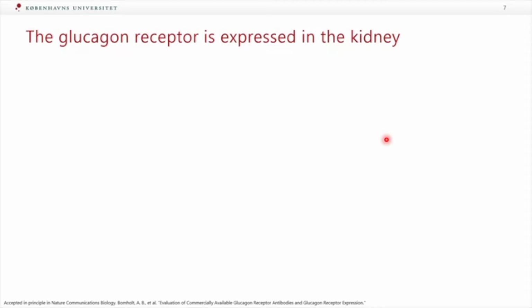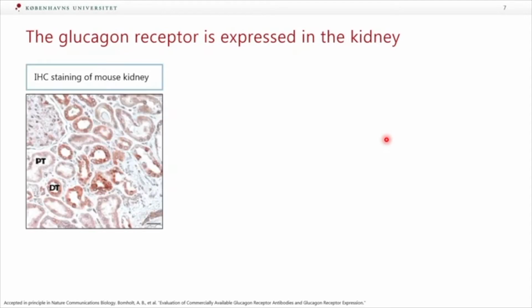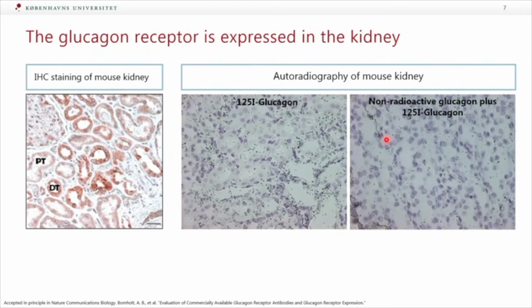So we have previously located the glucagon receptor in the kidney using different approaches. One of them being immunohistochemical staining of the mouse kidney, where the glucagon receptor was significantly located in the distal tubules, and also by autoradiography, where it was mostly located in the distal and collecting duct cells.